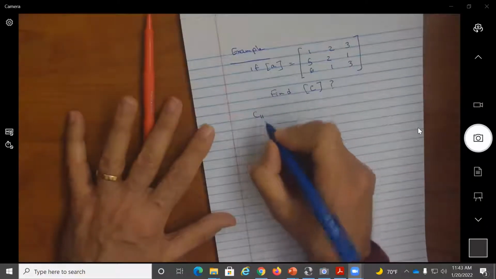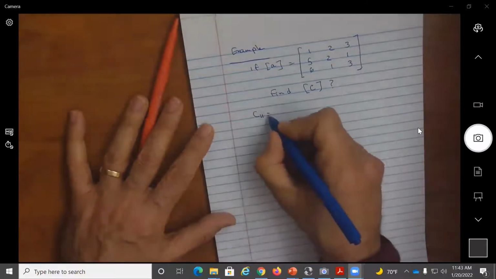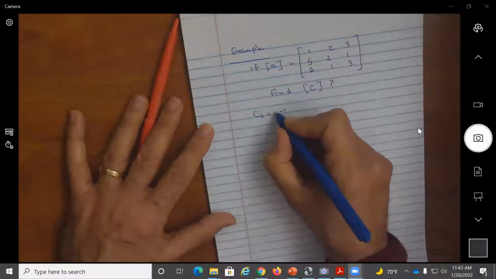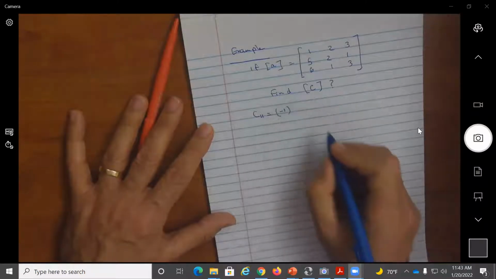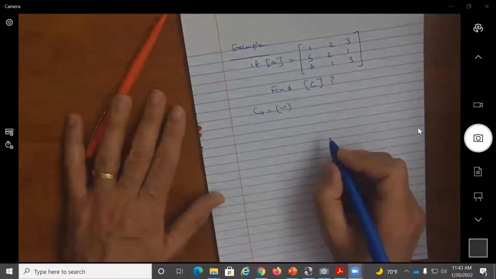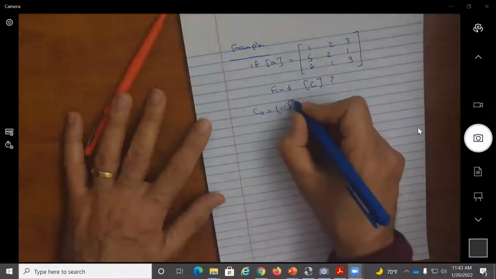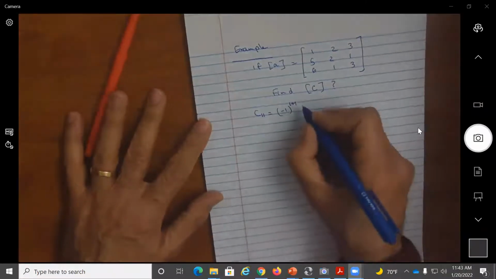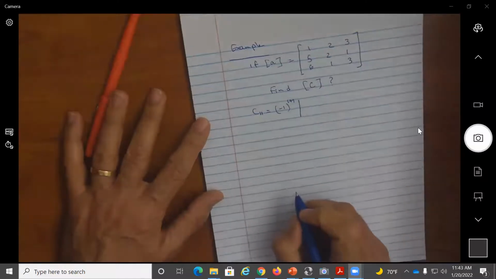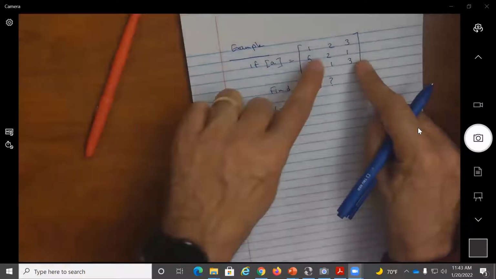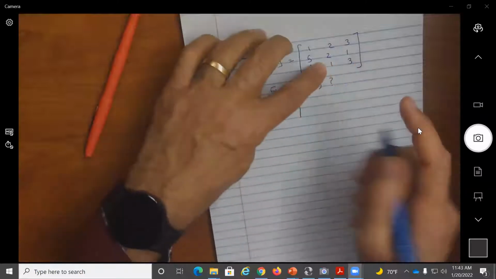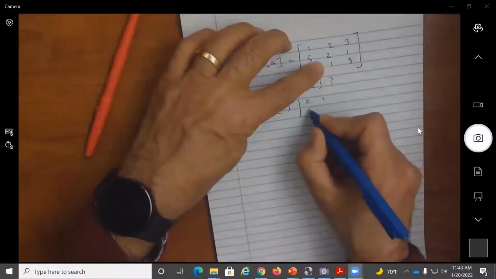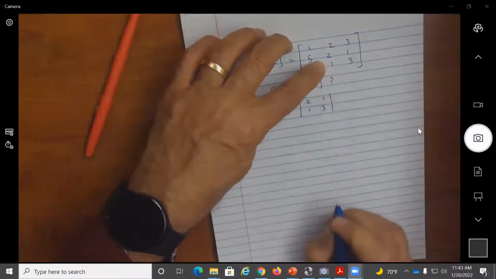C11 is equal to minus 1 raised to the power 1 plus 1. That will give me a positive sign, right? Multiplied by the determinant, which is 2 by 2: 2, 1, 1, 3.